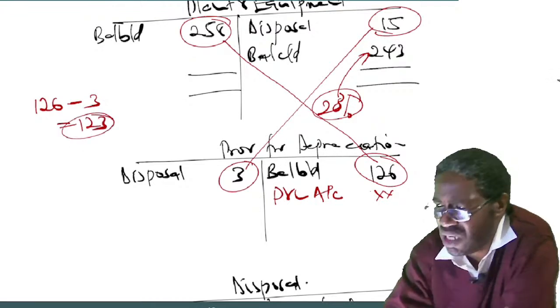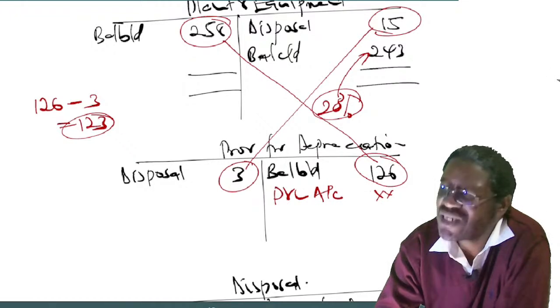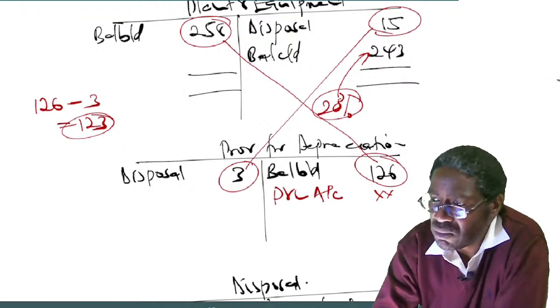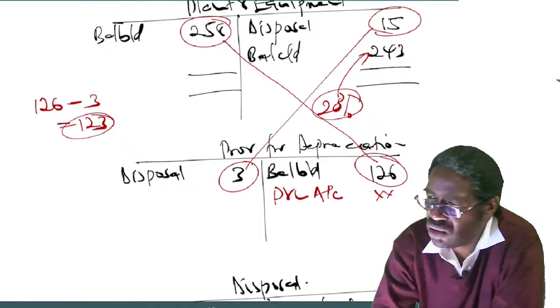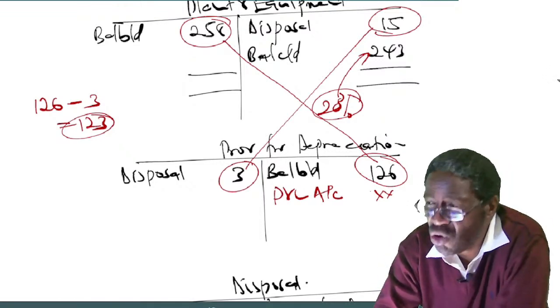Then I ask myself, that 123, what does it imply? It implies that it is the depreciation of the assets not yet sold.